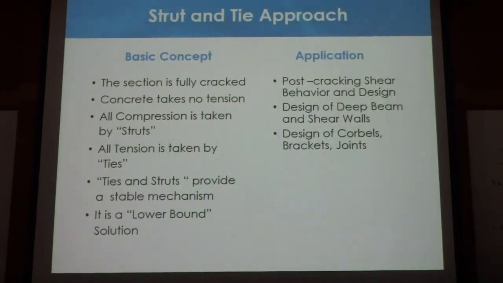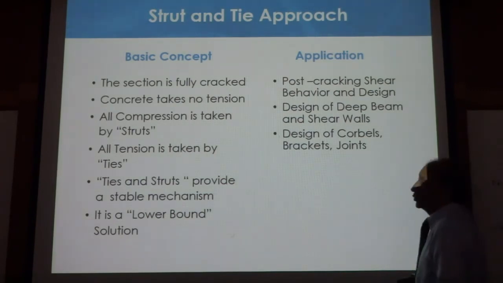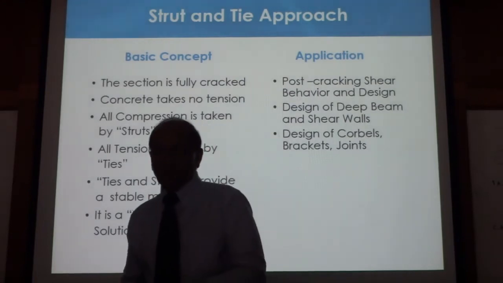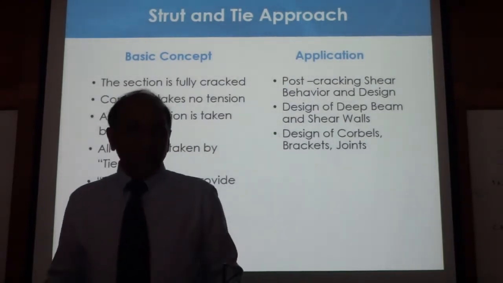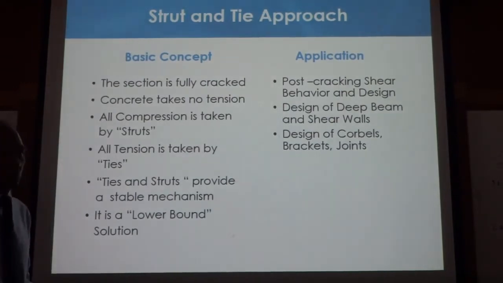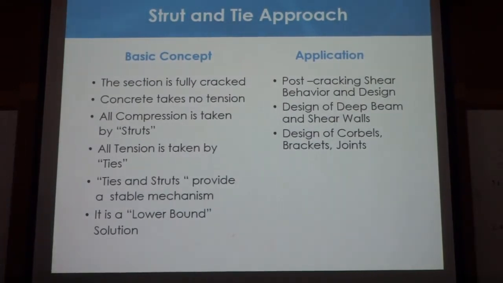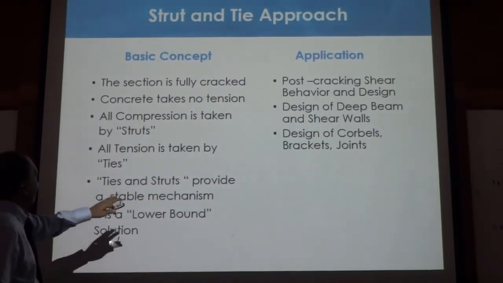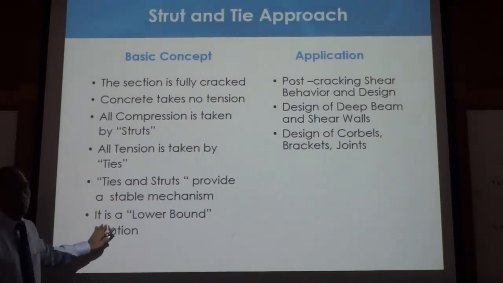So the basic concept is very clear. The section is assumed to be fully cracked, even though it may not be cracked, but for our purpose we assume the section is fully cracked. All tension, all concrete tension is gone. The compression is taken by struts, all tension is taken by ties. Ties and struts provide a stable mechanism, and this is a lower bound solution.